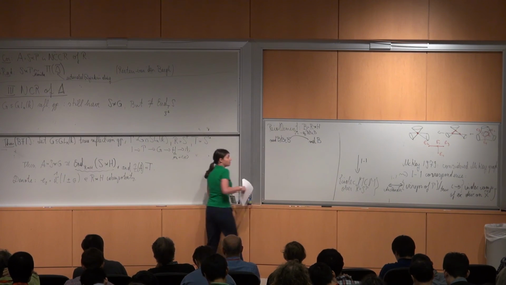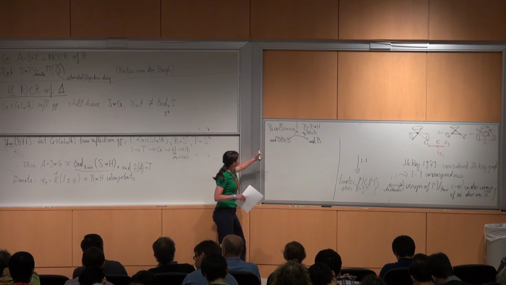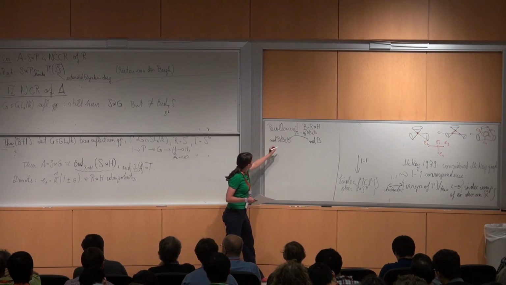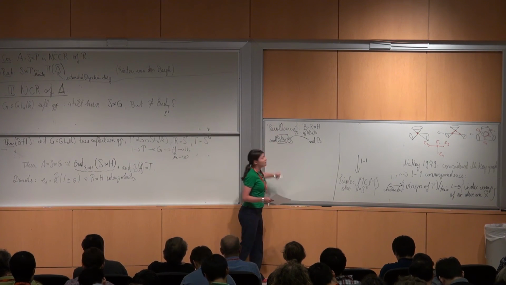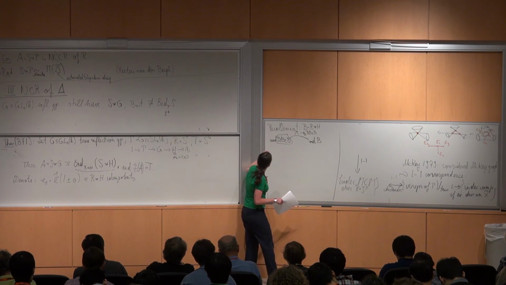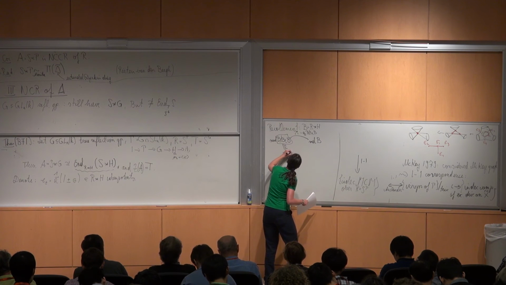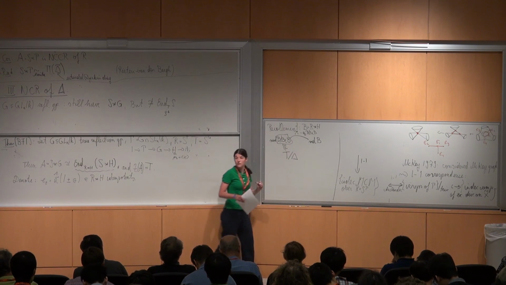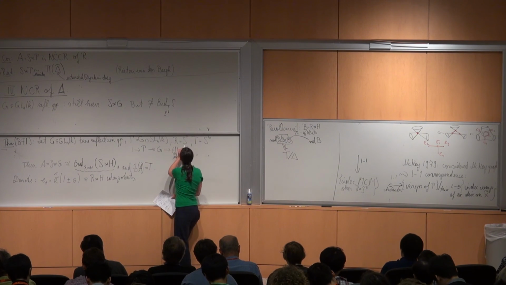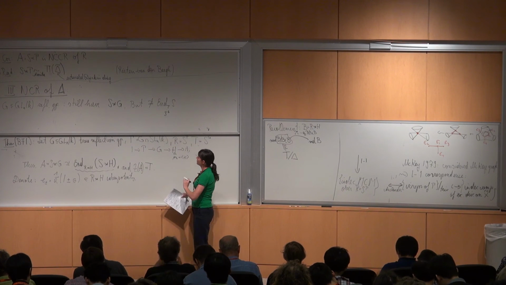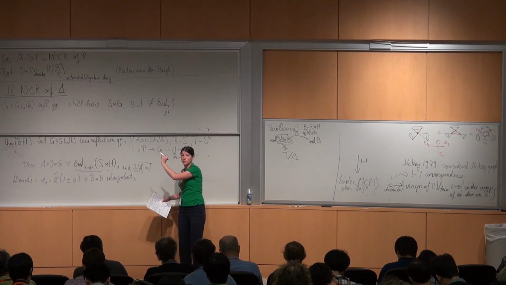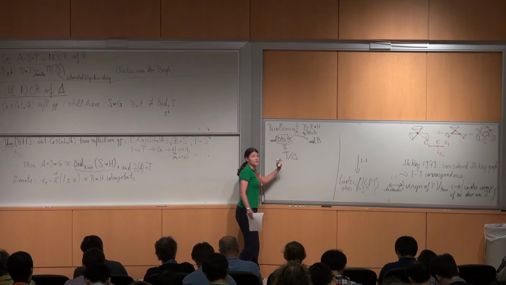But what is a good thing about this map? If we look at this quotient here, we can calculate, well, this is nothing else than T mod delta. T is the invariant ring of the reflection group, and delta is exactly what we want. So this is the discriminant. This is good.